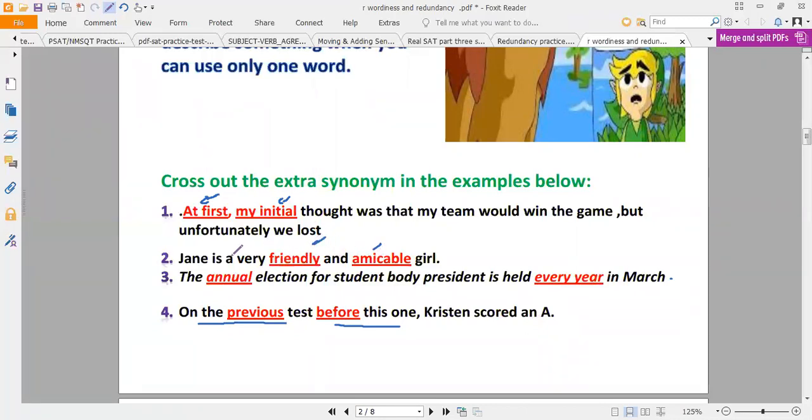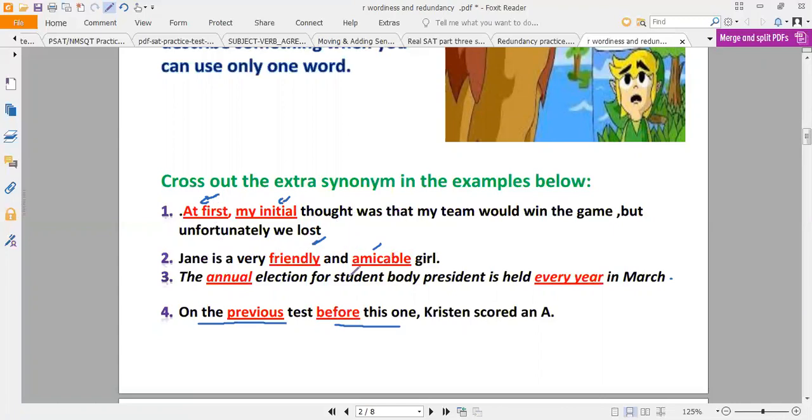يعني for example أنا بقول at first my initial thought was that my team would win. طب ما at first أو كلمة first هي initial، يعني we don't need to repeat the words or to write their synonyms، مش محتاجين نكتب الكلمة مرتين. Jane is very friendly ومعناها نفس المينينج of amicable girl، نفس المينينج.